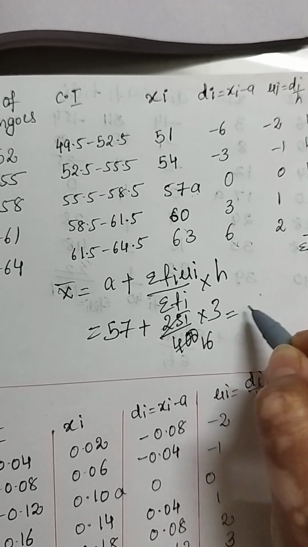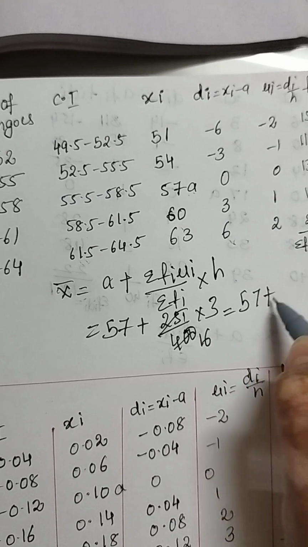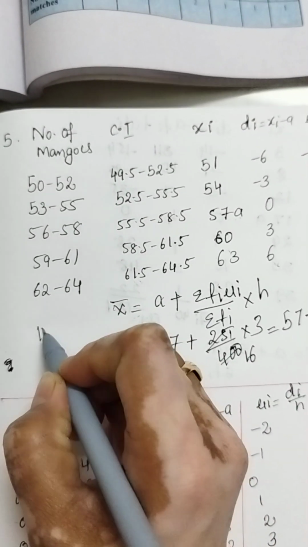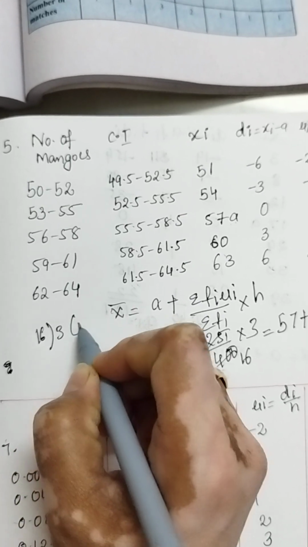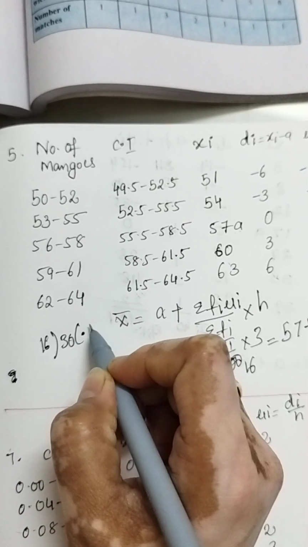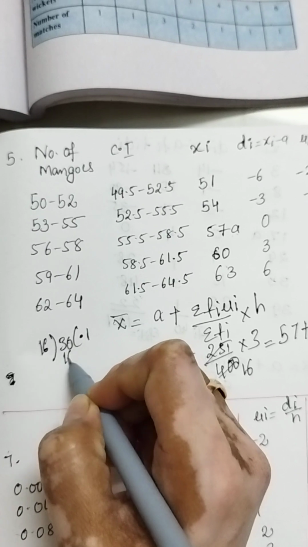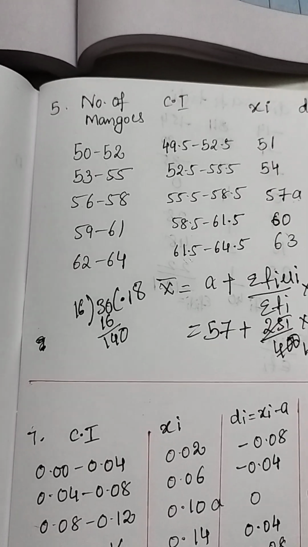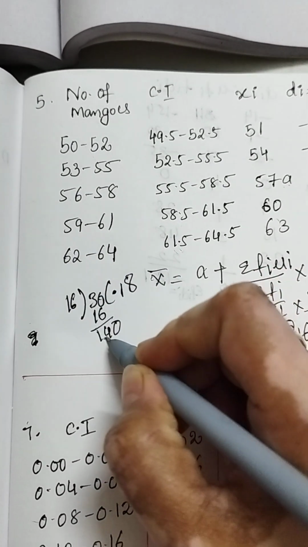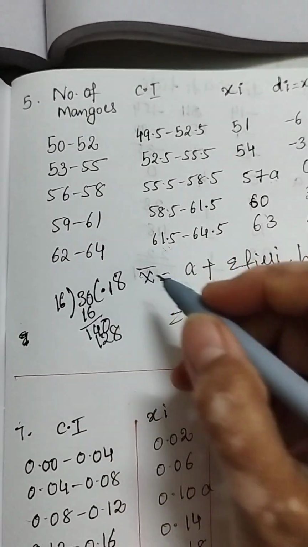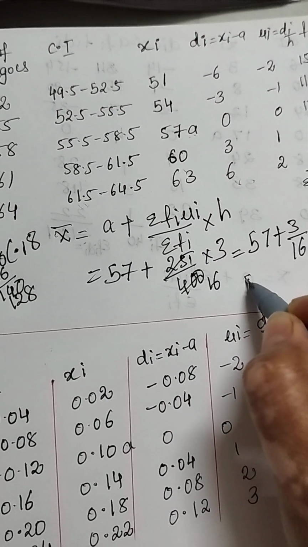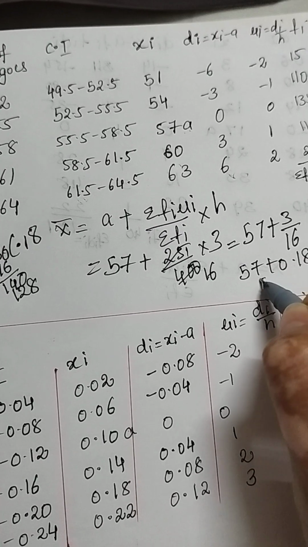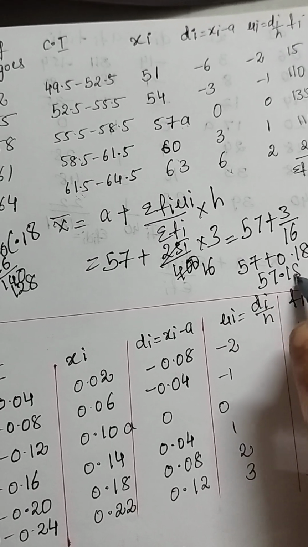So 57 plus 3 by 16. So with 16 you should divide 3. 16 eights are 128. Okay, so 0.18 we got. So 57 plus 0.18 means 57.18 is the answer for this.